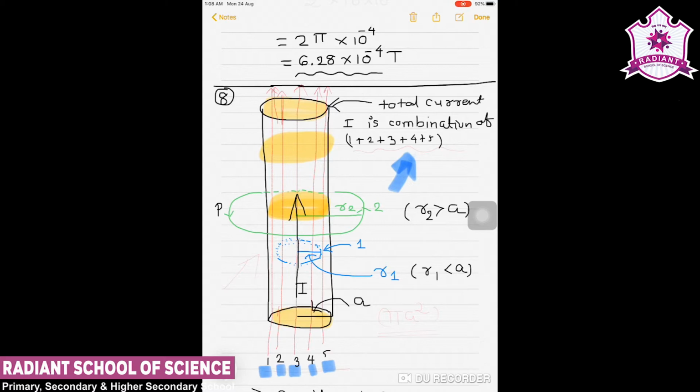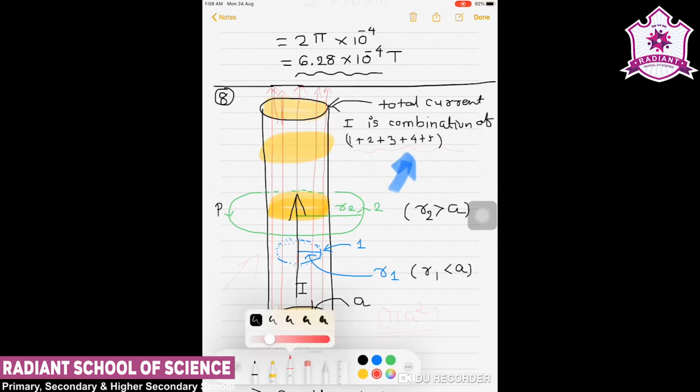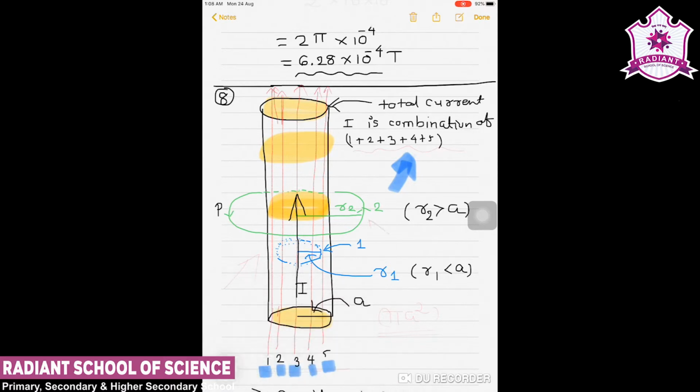Now we are asked to find condition 1, in which we have to find the current in the place which is outside. See, here it is outside the current.